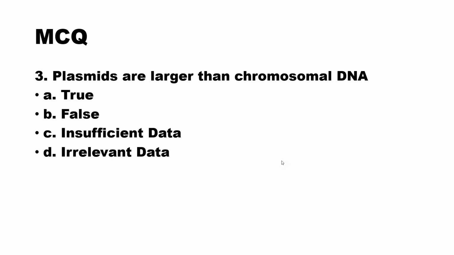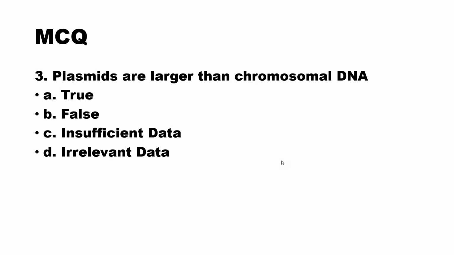While I was taking the topic, I told you the separation of plasmids based on size: plasmids are always smaller than chromosomal DNA. Even if the chromosomal DNA is broken into very small fragments, the possibility is very less.